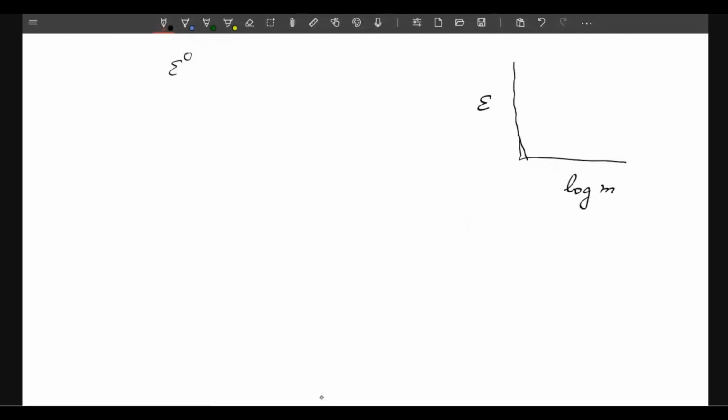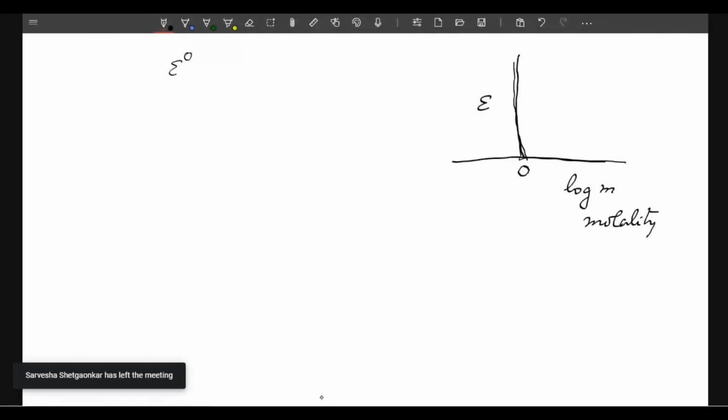M is nothing but molality. Take down the graph. Log of 1 is equal to 0. We have already seen this yesterday.